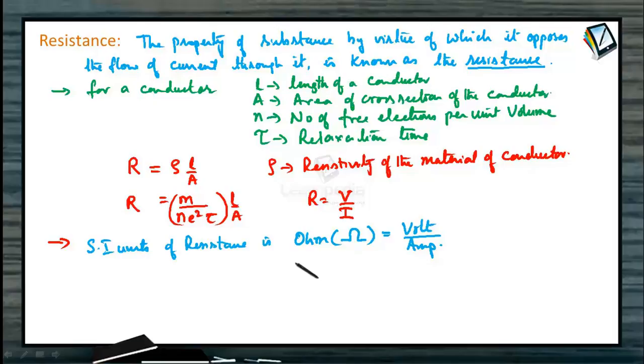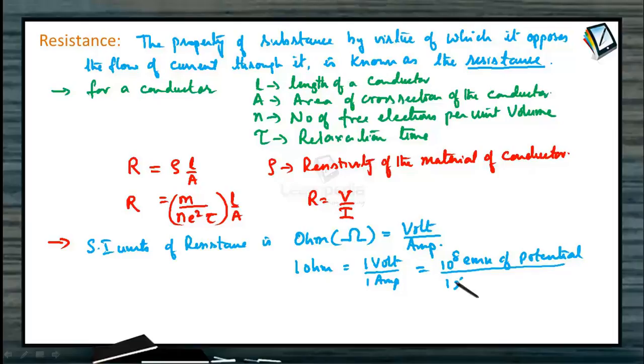So we can also write 1 ohm is equal to 1 volt by 1 ampere. It is also written as 10 to the power 8 EMU of potential divided by 10 to the power minus 1 EMU of current. This is equal to 10 to the power 9 EMU of resistance.